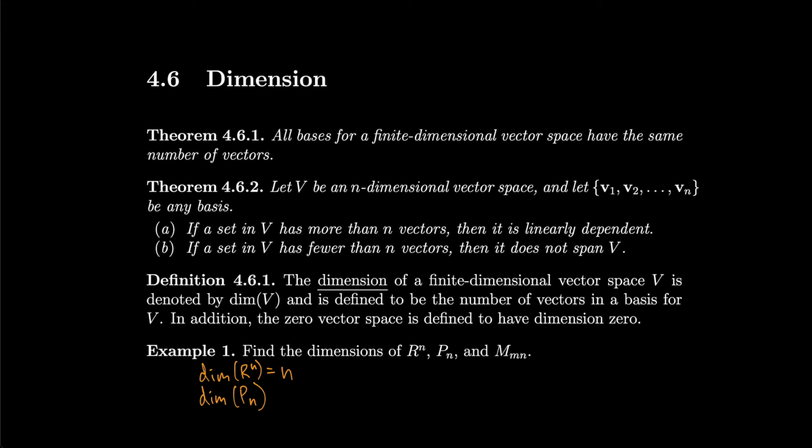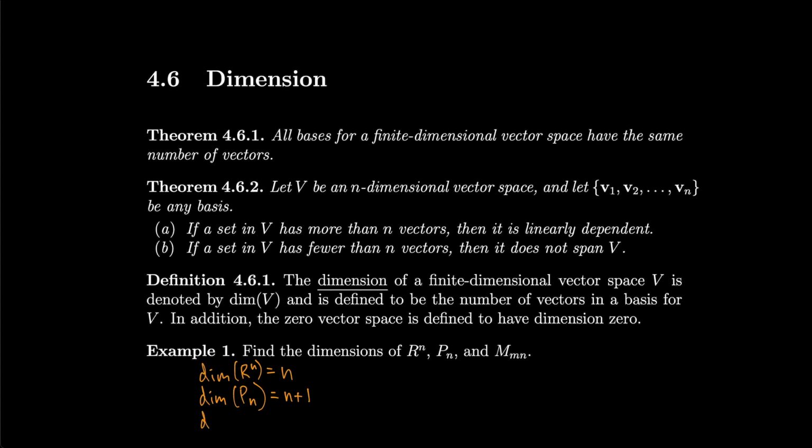So, for example, for first degree polynomials, let's say P1, a basis would have 1 and x in it, right? Because you have to be able to build all the constants of the degree 0, and you have to build all of the first degree polynomials, etc. So for P2, it would have an extra one, etc. So it looks like the number of vectors in each basis for Pn should be 1 more than n.